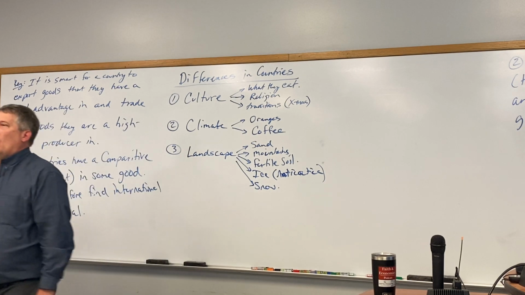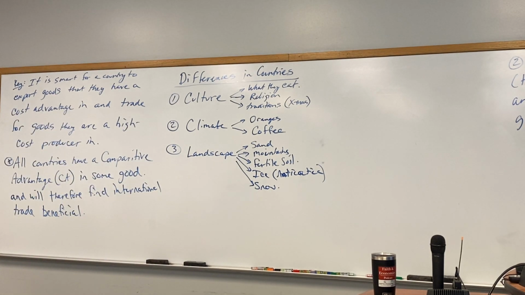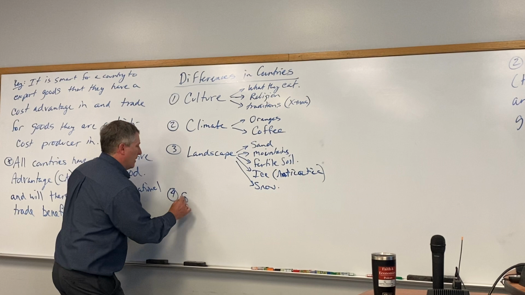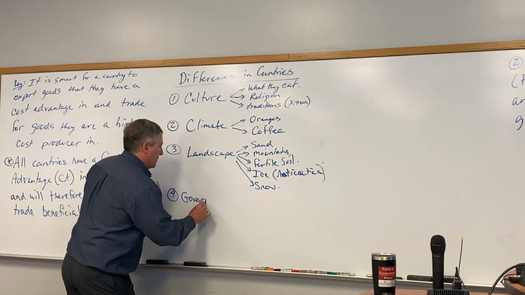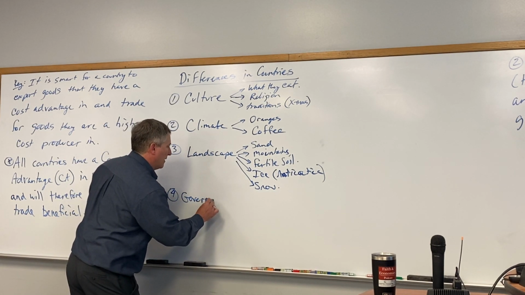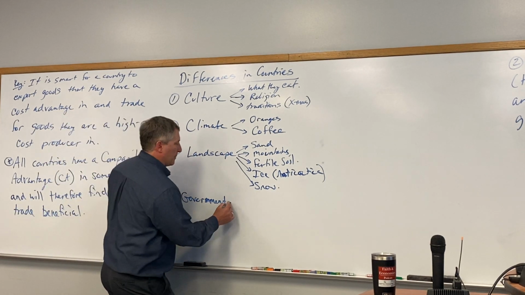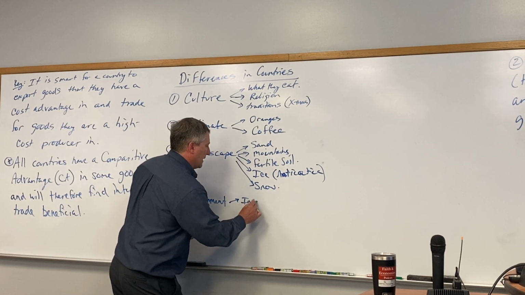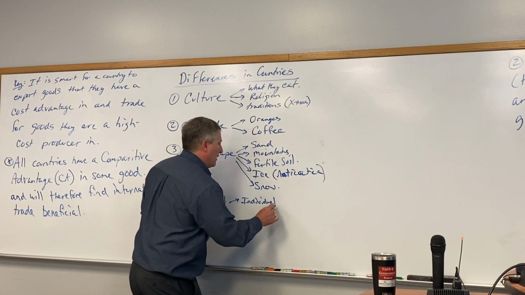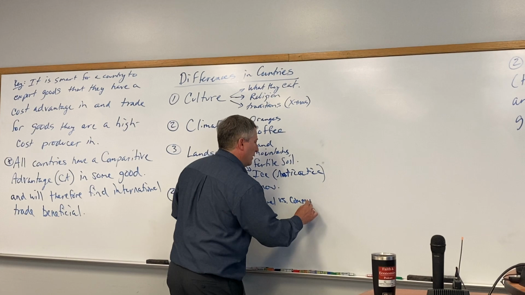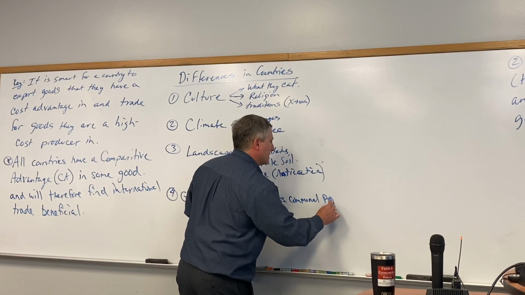What else differs between the countries? Yeah? Their government, very good. I was hoping somebody was going to get to that one. So, the government. With the government, do they pursue individual versus communal property rights?